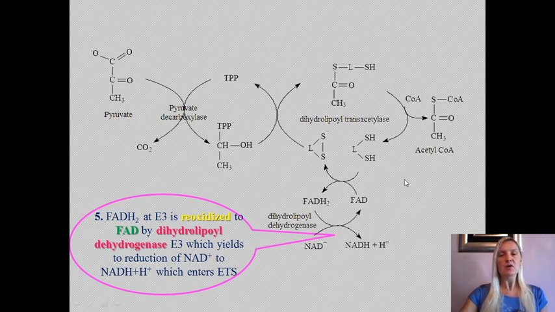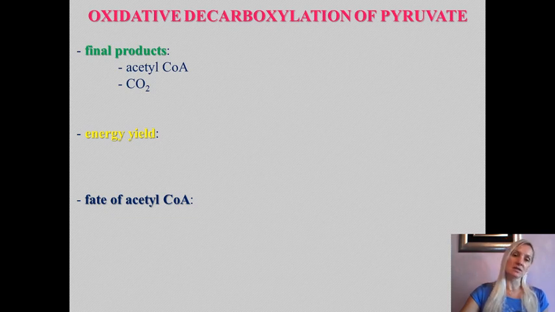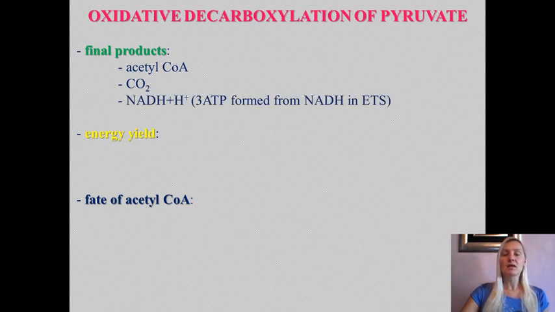So these are the 5 steps of this metabolic pathway, yielding the final products, as we've seen: acetyl coenzyme A as the major final product, carbon dioxide in step number 1, and ATP, which is derived from the NADH coenzyme.